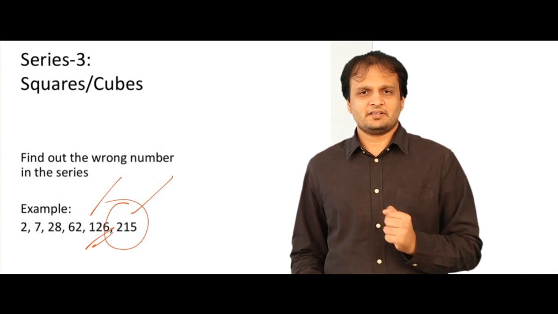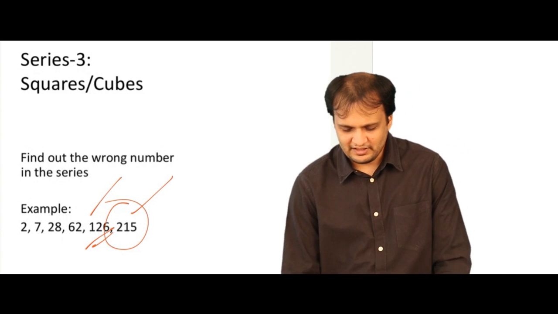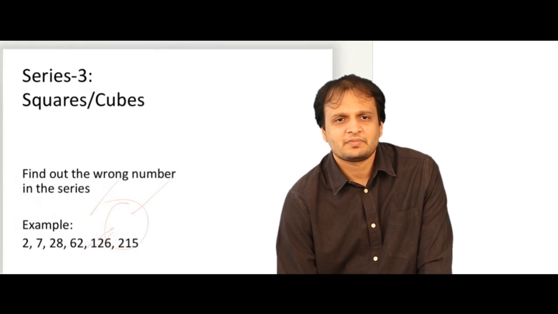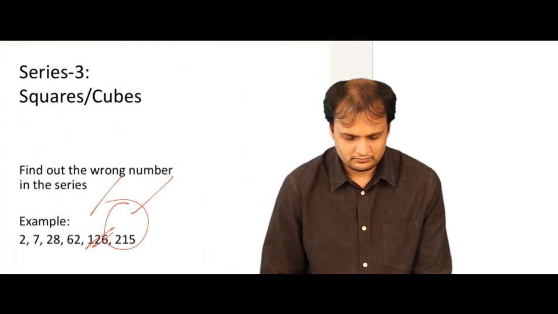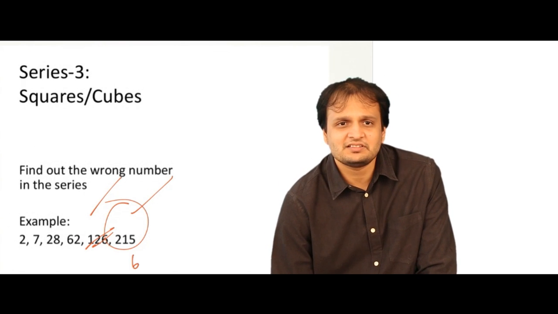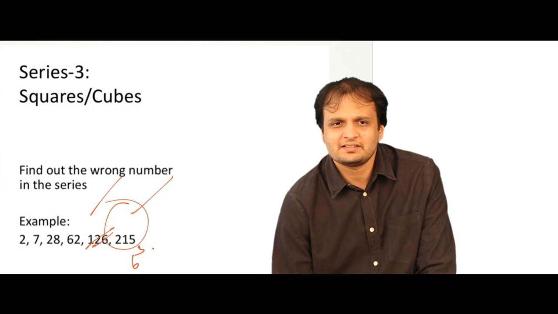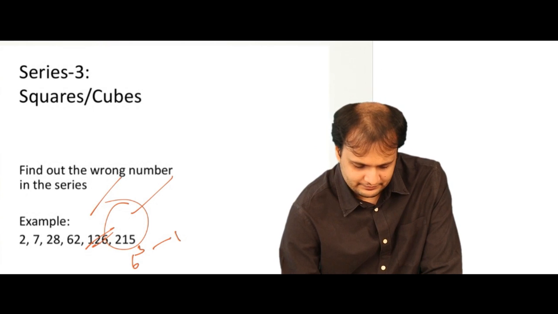Now you've got the hint. Now let's start solving. Right? So let's start solving this in reverse. That will make our life easier. So let's see. What is 215? So if we look at 215, two one five is nothing but 6 cube, 216 minus 1. What is 126?